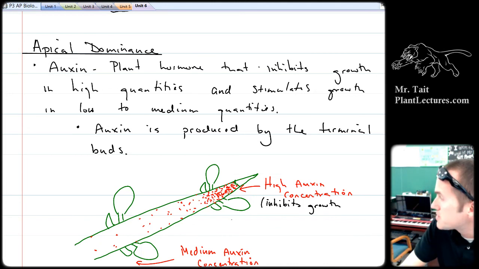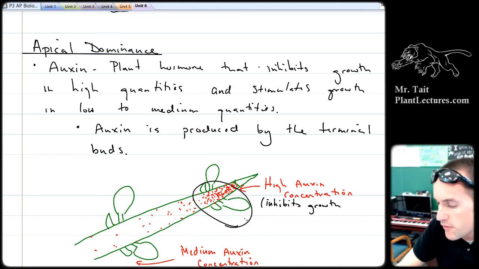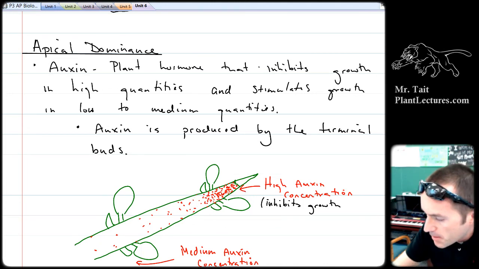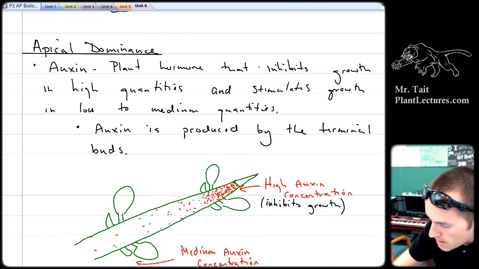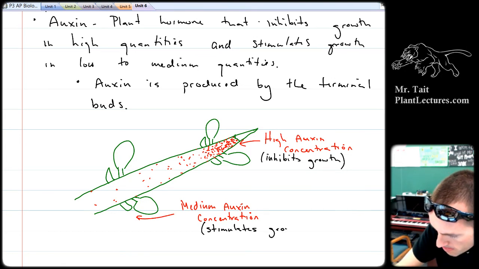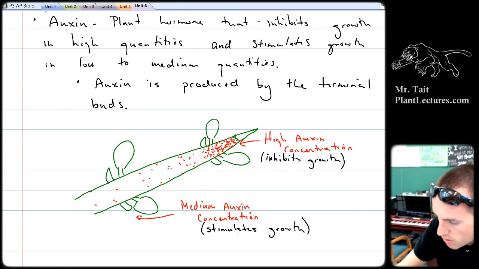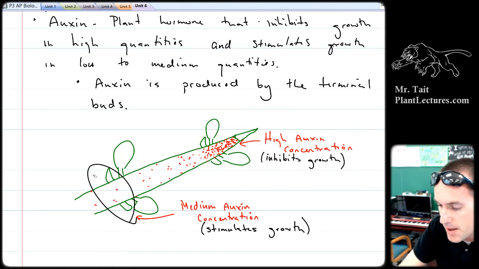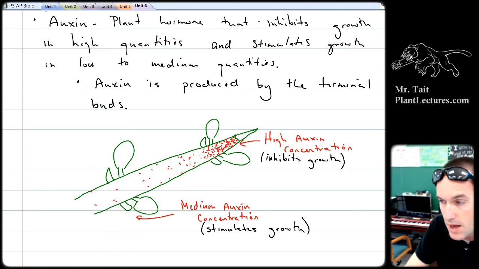So it stops these two axillary buds here from sprouting, right? But here, it's going to stimulate growth. So it will cause these two axillary buds to sprout, okay? And now each of these axillary buds will become a terminal bud for their own little stem that's coming out of there, right?